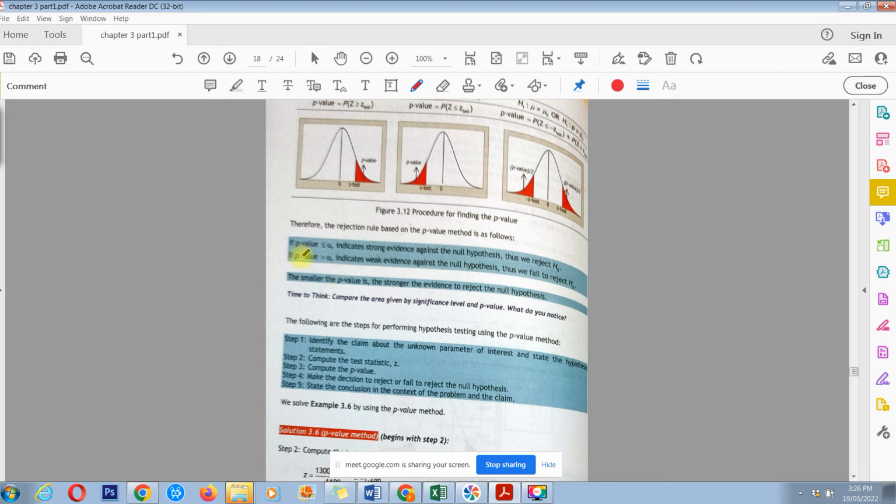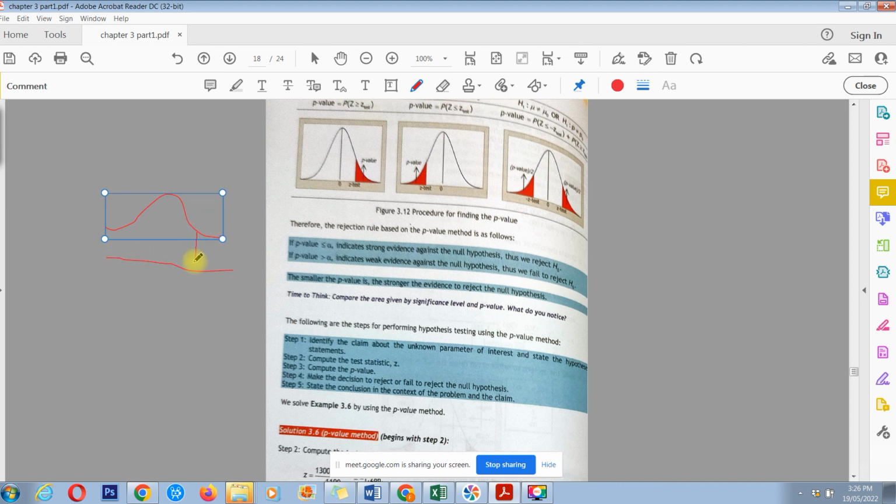So if you understood here, the p-value here wants to say that we do not talk about the z alpha, we talk about the alpha itself. So it says the p-value is greater than alpha. What does it mean for the p-value to be greater than alpha?